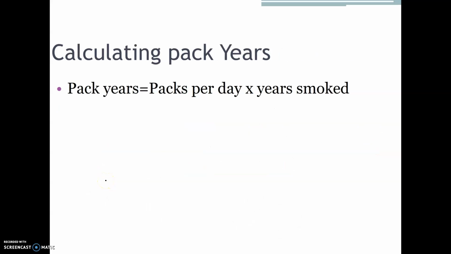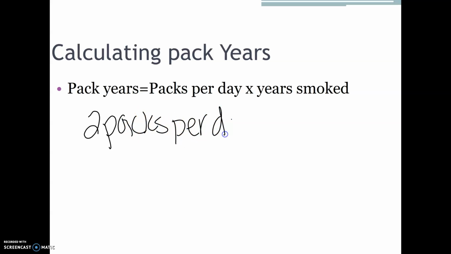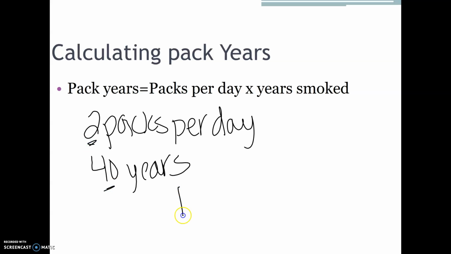Calculating pack years, that's another thing that we may calculate when you're in the PFT lab. Pack years are the packs per day that somebody smoked times the years smoked. So if somebody smoked 2 packs per day, and they tell you they've been smoking for 40 years, you're going to take their packs per day of 2 times 40, and they have 80 pack years.